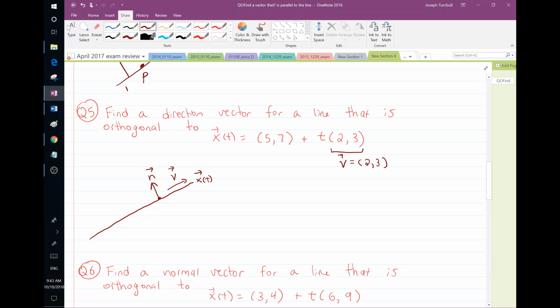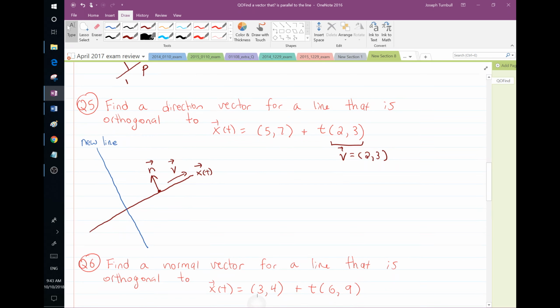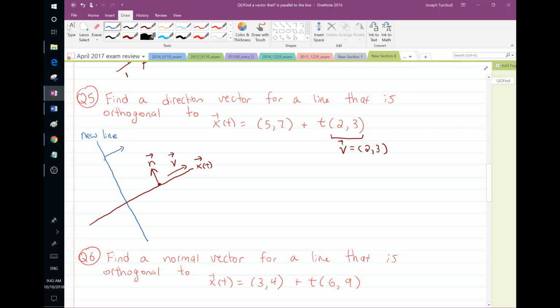However, we're looking for a direction vector for a line that is orthogonal to this line. So this is a line orthogonal to that line. We'll call that the new line. And it also has a normal vector and a direction vector. So here's the normal vector for the line. And here's a direction vector for the line.